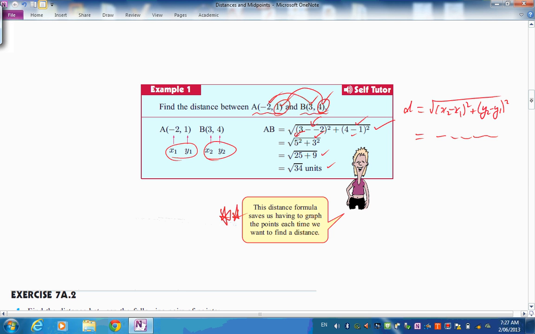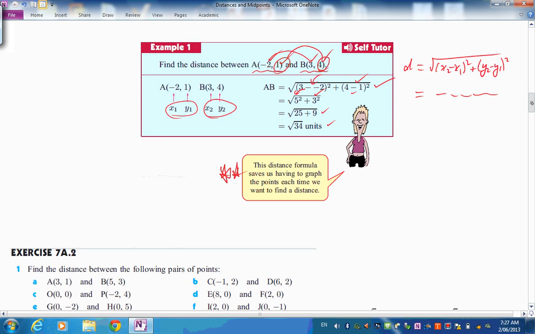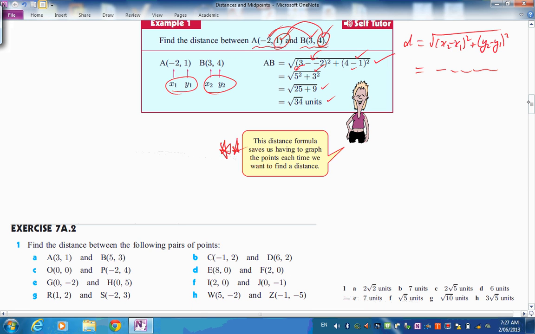So let's do some. So watch that example there. I want you to start with writing down the formula, which comes from Pythagoras, and then going through these problems here in 7A2 from Hayes and Harris. You might just do the left-hand column perhaps, but it's good to get practice.